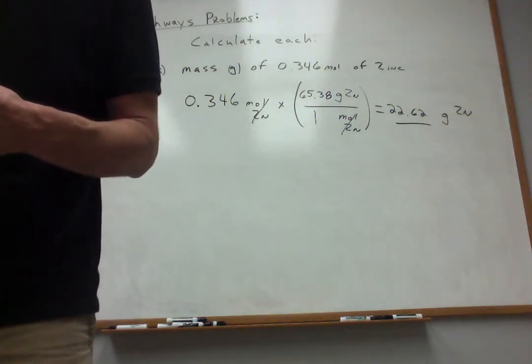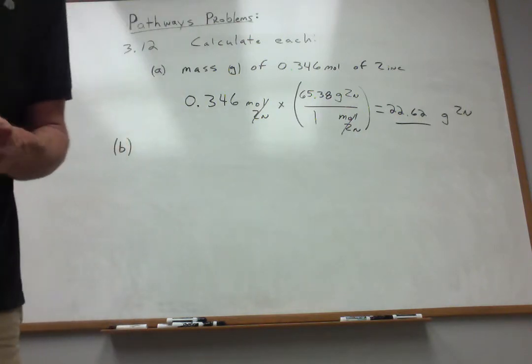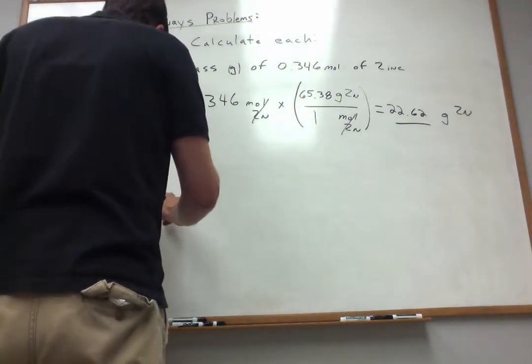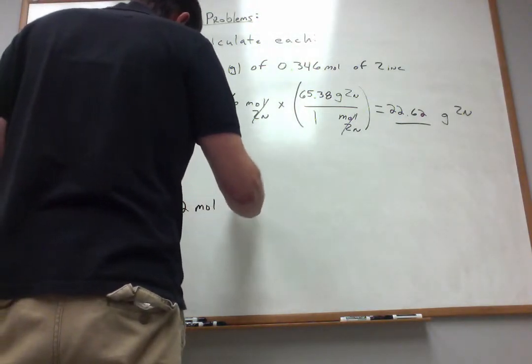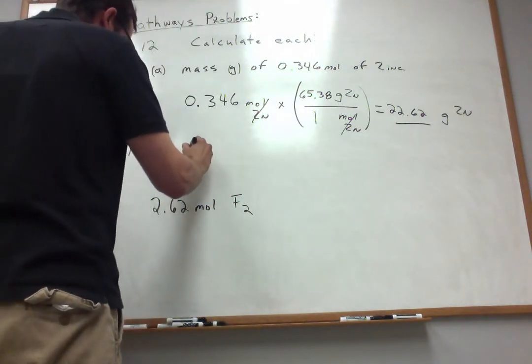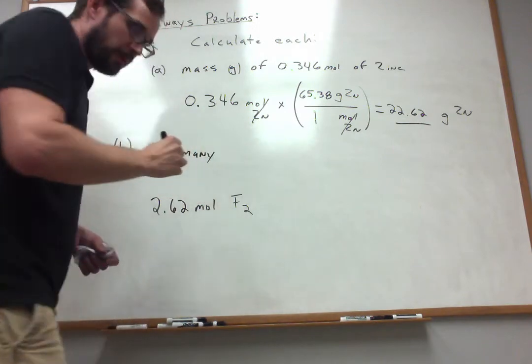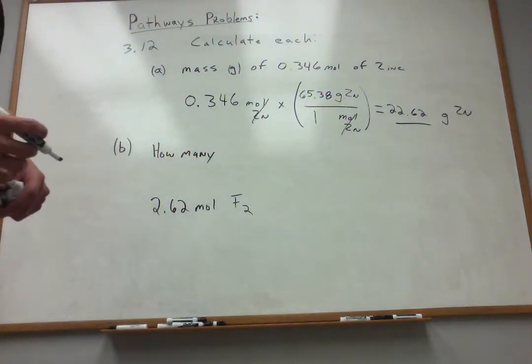In part B, we're asked for the number of fluorine atoms in 2.62 moles of F2. So we're not asked how many moles. We're asked the number of fluorine atoms.